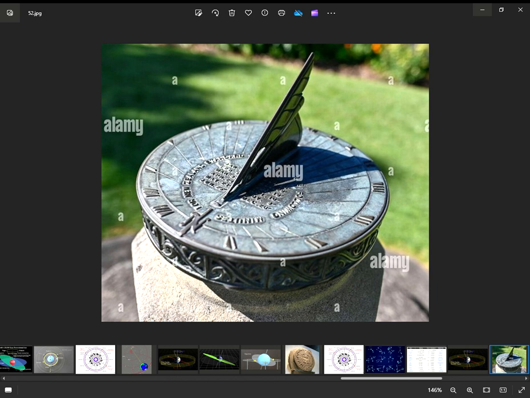This means each house has a 2-hour period of influence on Earth. So a 24-hour day is divided among the 12 houses as dictated by the sun, and each house location is fixed. For example, the 12th house begins at 6 a.m. and ends at 8 a.m. every day. The celestial bodies located in that house at the time of a person's birth determine the influences that person receives. And that is final.